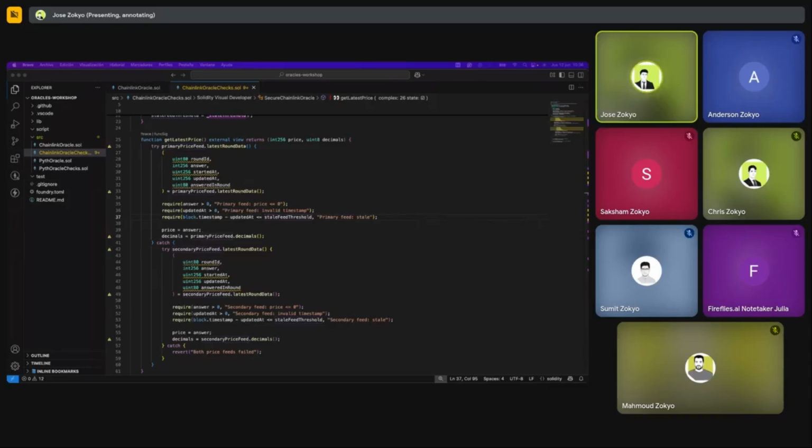Another important thing to consider here, which very few protocols take into consideration, is the decimals of each price feed, because most of the price feeds have 8 decimals, but not all of them. Maybe you are using a price feed which uses 8 decimals, and then in the future Chainlink deploys a new price feed which does not have 8 decimals, and you are updating your smart contract to the new price feed for your protocol, which was audited and created 5 years ago.